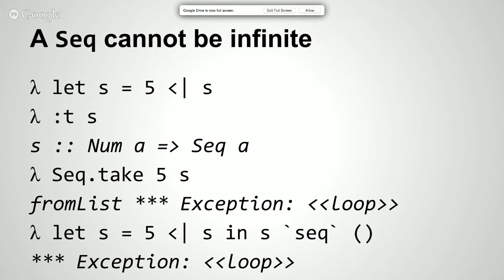And then we do let s equal 5 cons s, the cons being the Seq cons, in s. And then that lowercase seq is the evaluation-forcing seq. It's an unfortunate accident that it has the same name as this collection type. And just the evaluation of that, just forcing it to weak head normal form, is enough to blow up the world. So Seq is designed to be finite, but it's a Foldable.